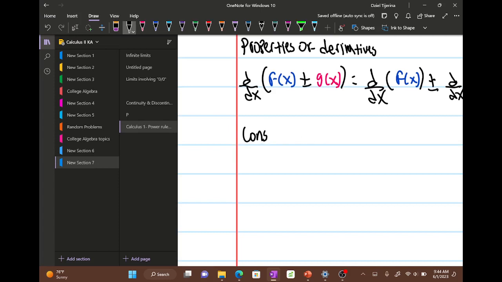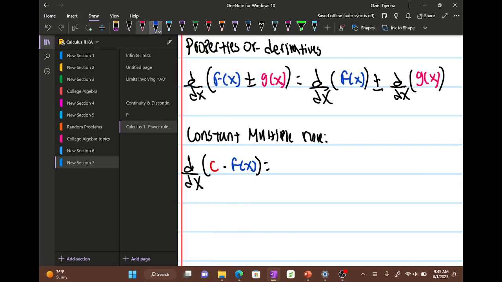It's d dx of some number c times f of x, which is equal to c times the derivative of f of x.